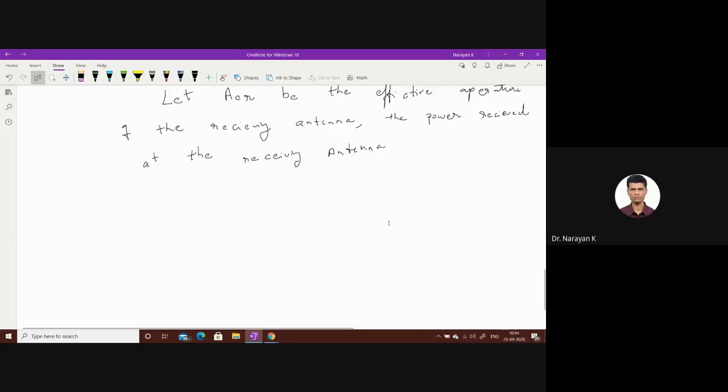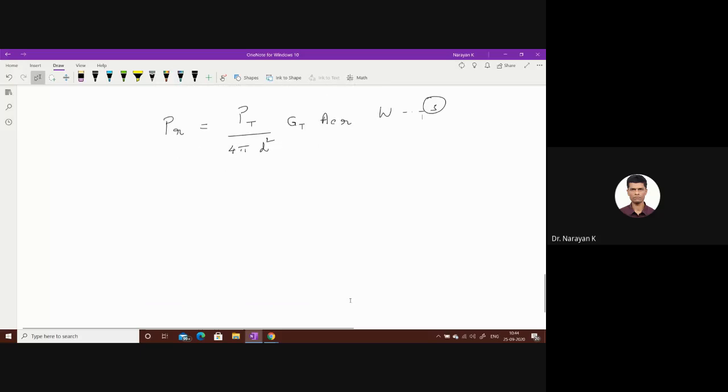The power received by the receiving antenna is now modified as PR equals PT divided by 4 pi d square into GT into AER, in watts. This is equation 3.